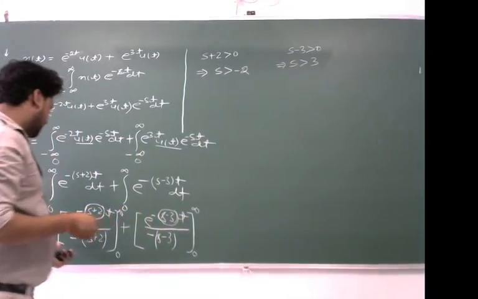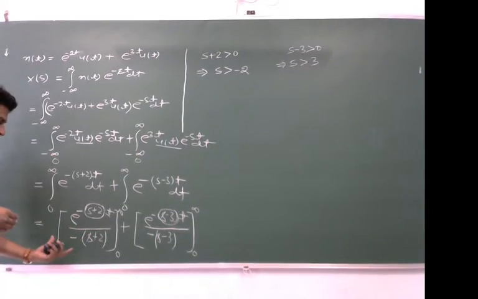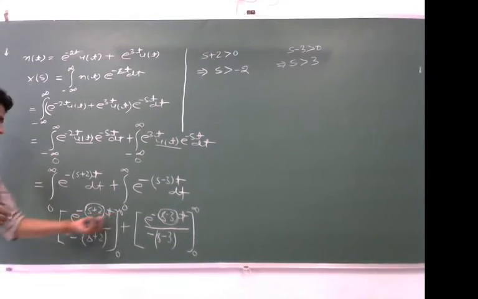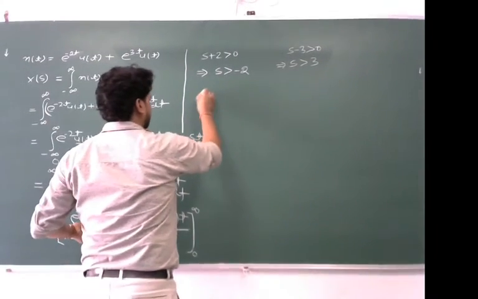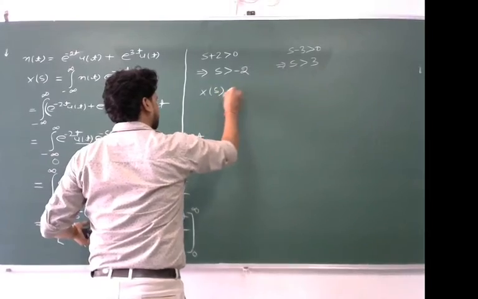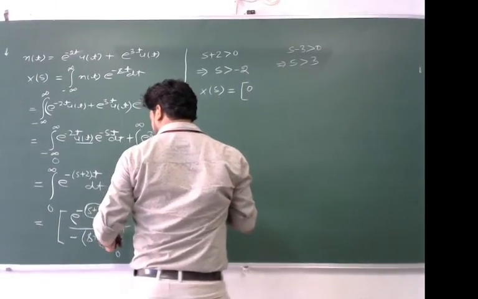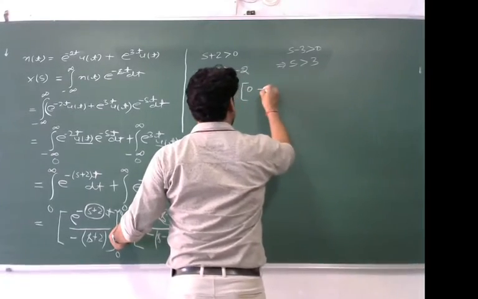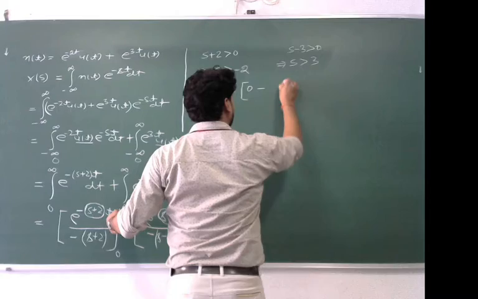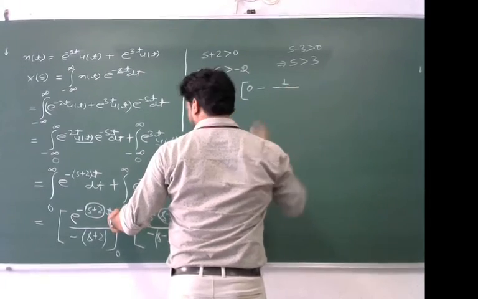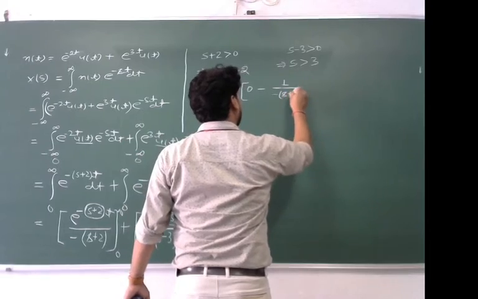Further, I will find the value of this integration. This will become e power minus infinity, and e power minus infinity will become 0. So X(s) will be equal to 0 minus, putting t equal to 0 here, e power 0 equals 1, upon minus (s plus 2).